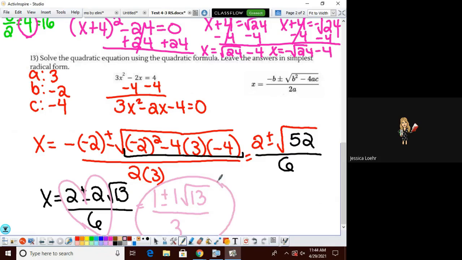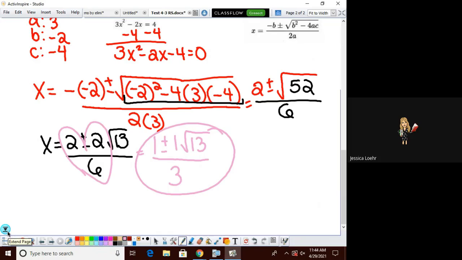They're asking for it in simplest radical form on this question, so you have to simplify the radical. Yes? Did you get the 2 from, like, if you were the This? This? Yeah. Negative negative 2 is positive 2. Other questions?